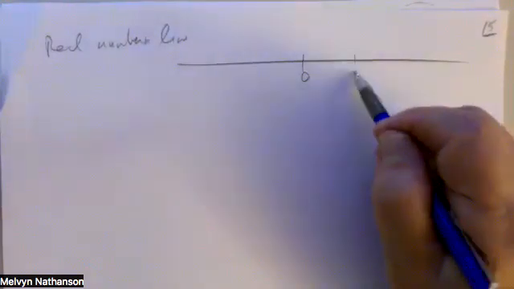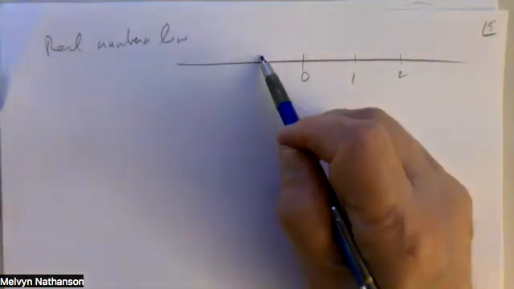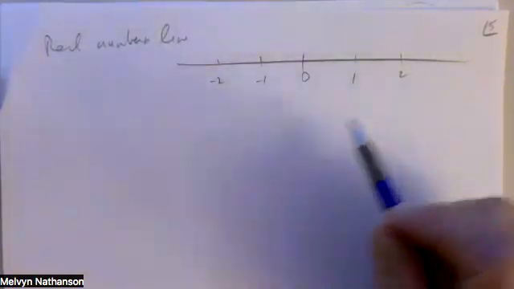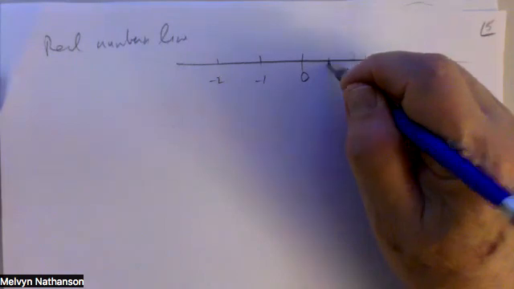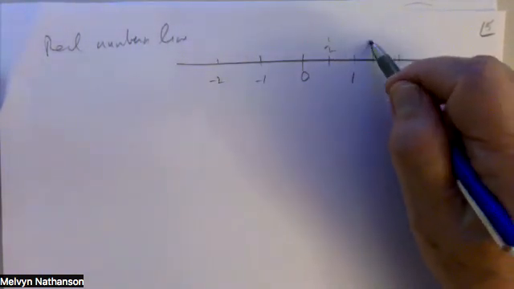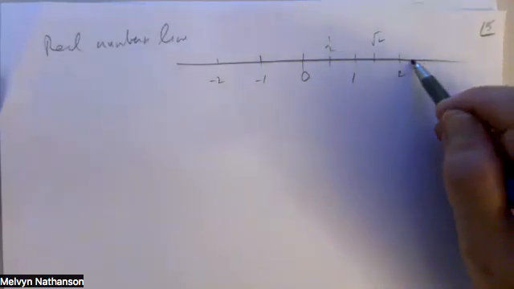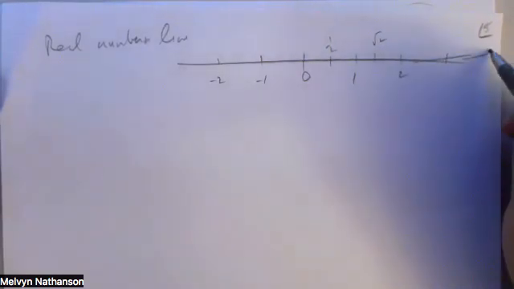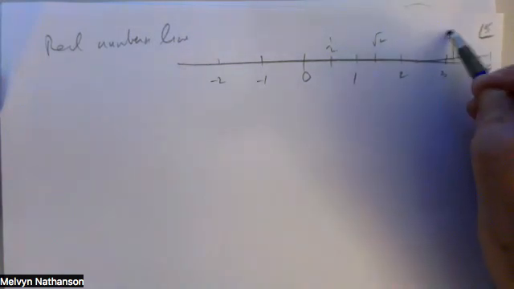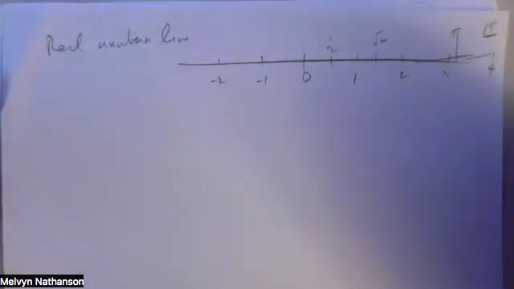There it is. I'm just putting the integer points. There are also other points that we have. And maybe there it would be square root of 2. And if this is 3 and 4, maybe there would be pi. You have all these numbers on the number line.